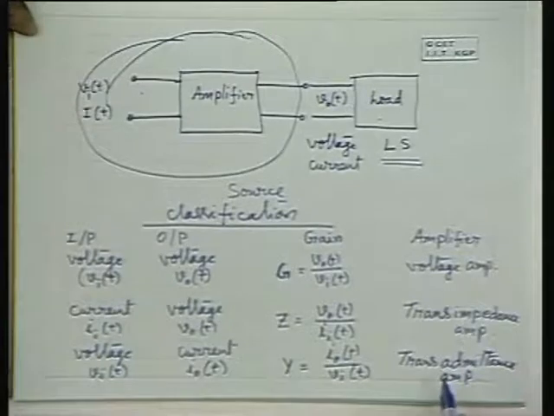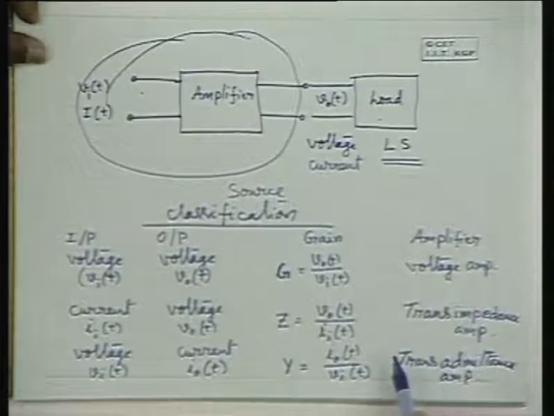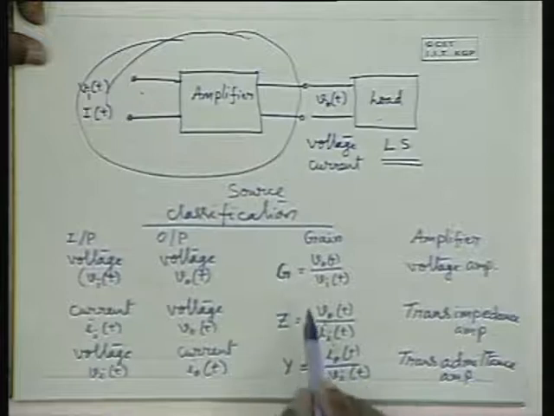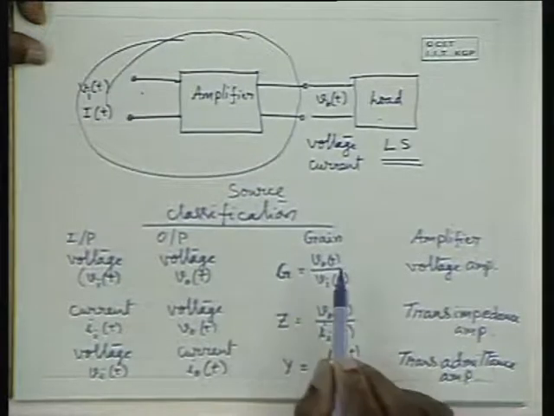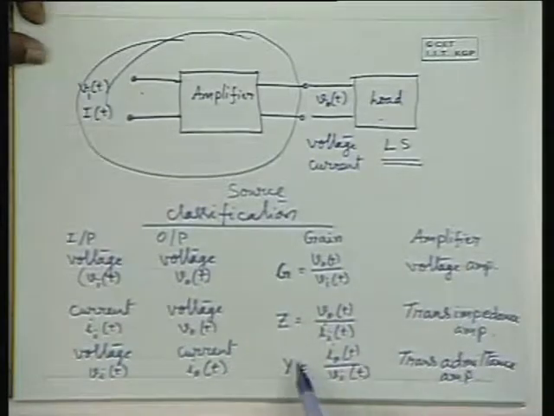And if the amplifier is working at low frequencies, so this ratio is real in nature, then it can be called a transconductance amplifier. An amplifier has capacitances in it, junction capacitances and circuit capacitances, etc., because of which in general these ratios are complex. At low frequencies, however, they can be approximated to be real quantities.